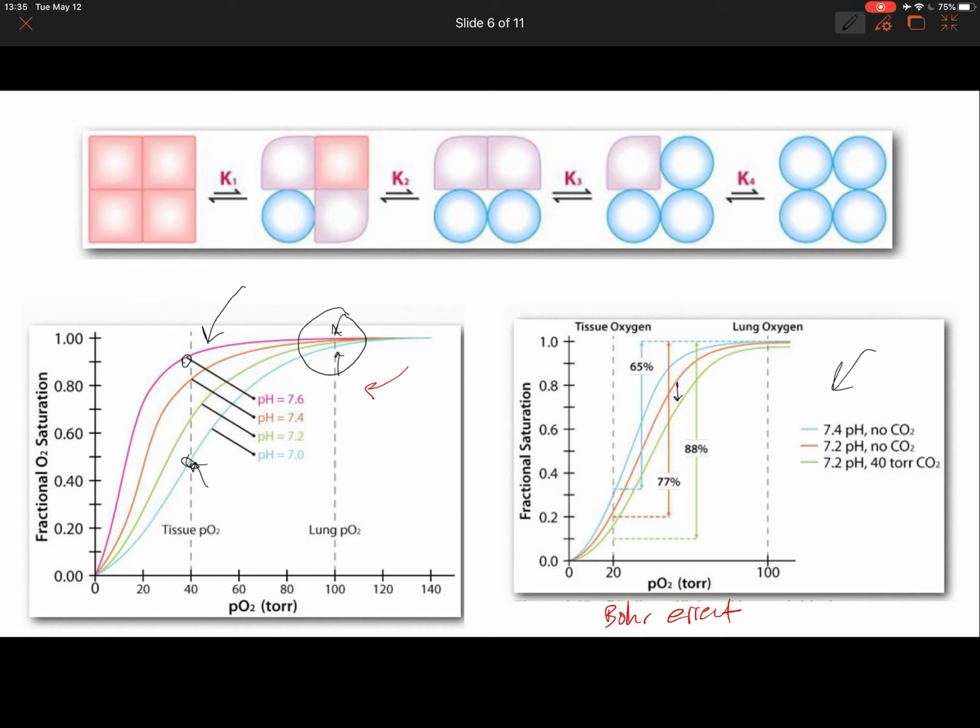So each of these squares represents a no oxygen bound subunit of hemoglobin. And the circles represent subunits that are bound with the oxygen. And then there's the rounded ones, the purple ones. The rounded are subunits whose affinity for oxygen increases by interacting with a subunit that has bound oxygen.